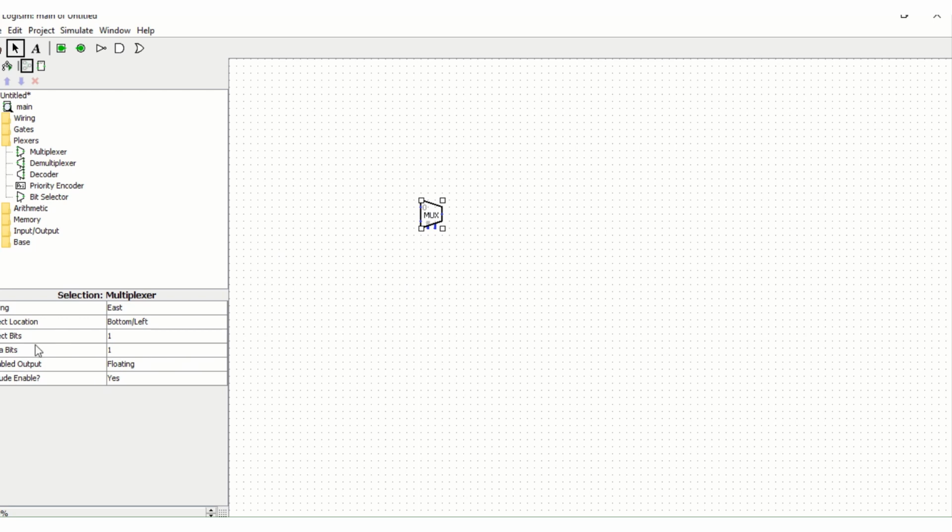That means I select 1 bit. So that means I input 1 select option. Now I am going to select 2 inputs, and also I put 1 selection box. Here I get only one output.